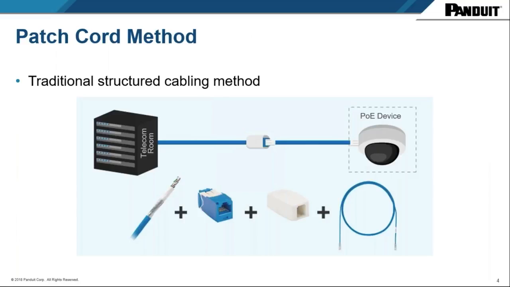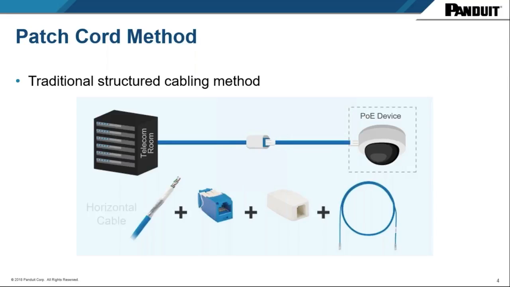When we look at the options from a cabling standpoint for the methods to meet these challenges, the first one we'll take a look at is the patch cord method, and this is the traditional structured cabling method, where on the left side of the image you see the rack that would be typical in a telecom room, and on the far right you see a typical PoE device such as a camera, but this could also be an access point, a PoE light, a door control, anything like that.